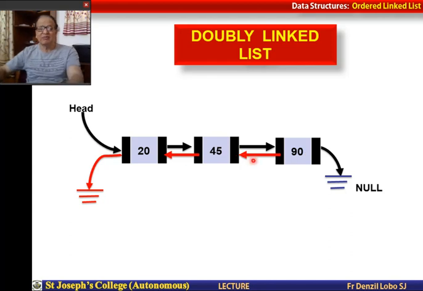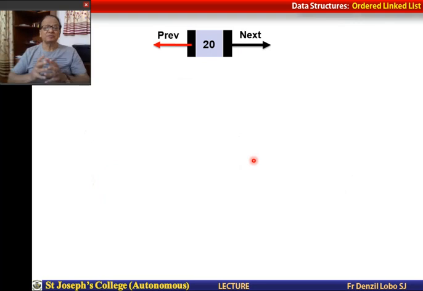So let us see the pictorial representation of a node of a doubly linked list. As you see here, there is the node which contains a data item, number 20, and there is a link to the next and a link to the previous. These are two pointers. So the next question is, how do I create this new data type in C?